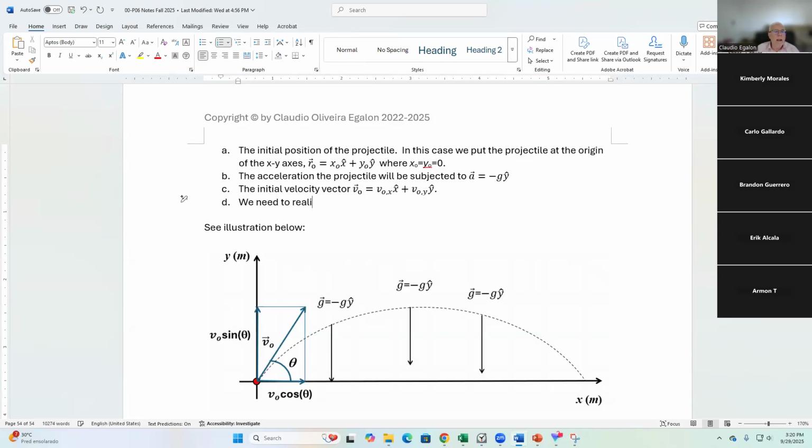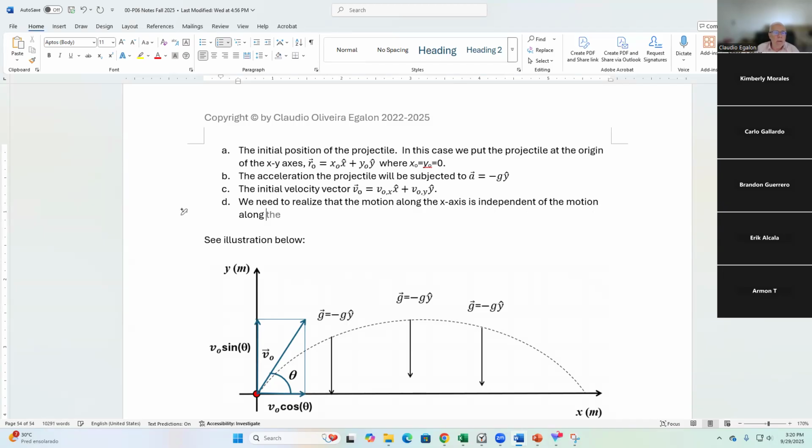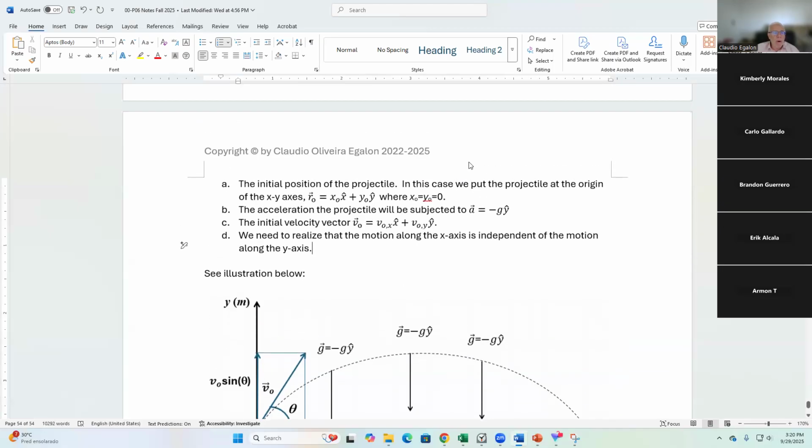We need to realize that the motion along the x-axis is independent of the motion along the y-axis. So 1, 2, 3, 4 important points here. You apply all those 4 important points and you come up with the solution of the problem.